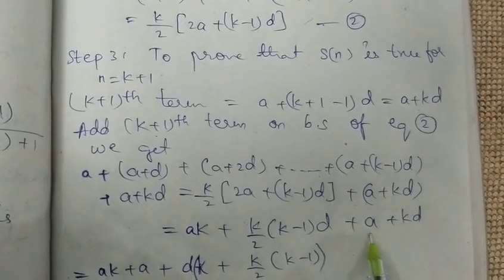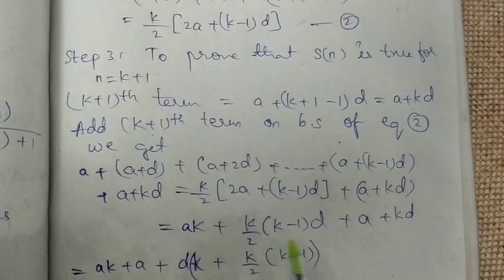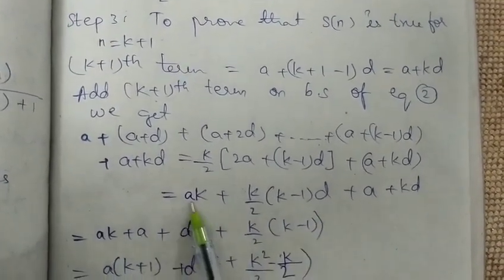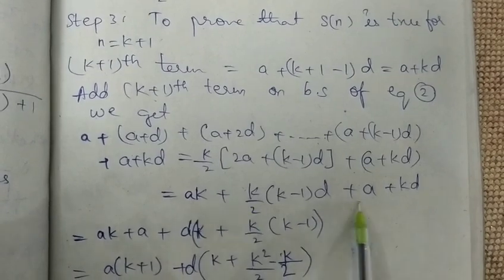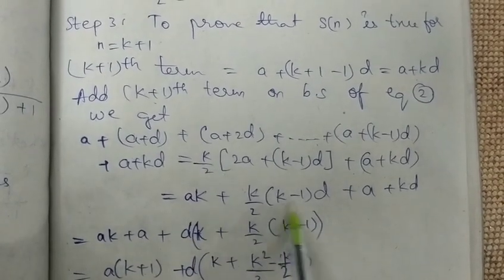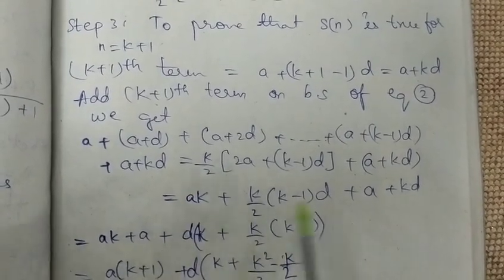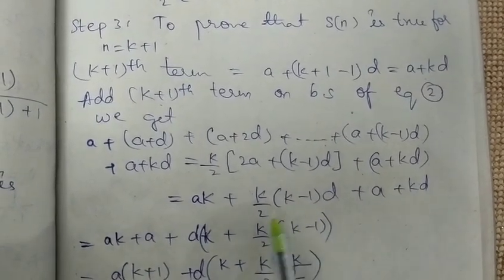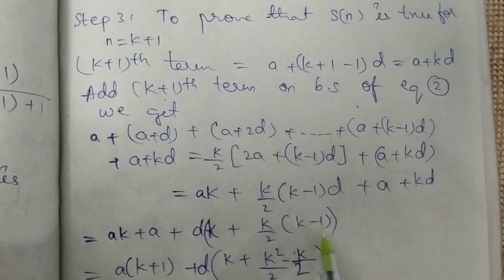Now separate the a terms aside and the d terms aside. On taking that we'll get ak plus a plus d, take d as common, you will get d into k plus k by 2 into k minus 1.